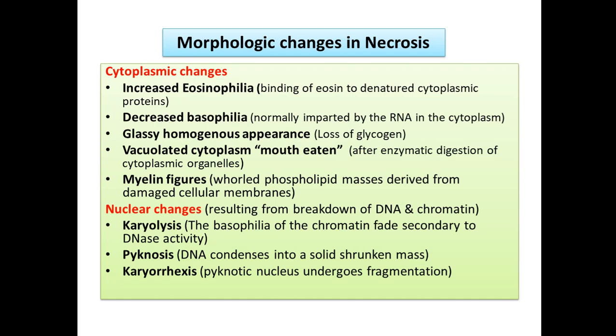Because the glycogen present there is lost, and the cytoplasm will appear vacuolated, which is known as moth-eaten, because the hydrolytic enzymes cause digestion of the organelles present in the cytoplasm. And we will also see phospholipid masses which are derived from the cell membranes, known as myelin figures. So these are the changes that we see in the cytoplasm.